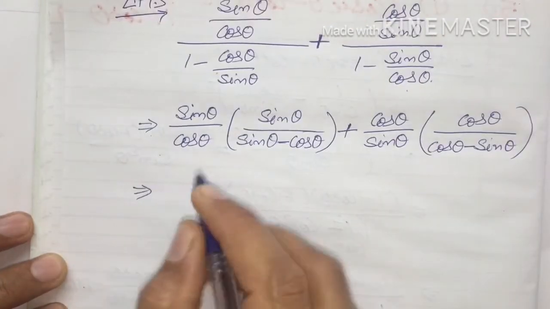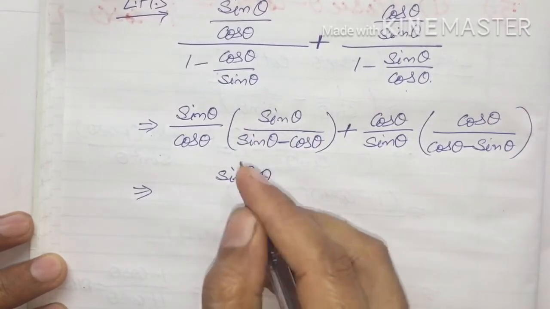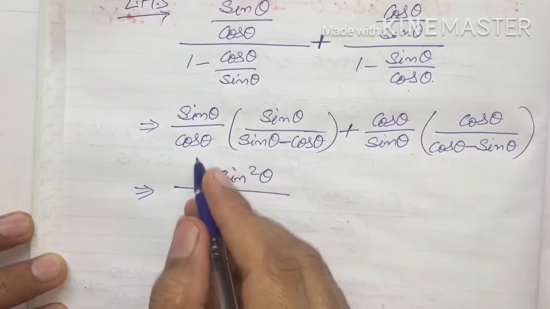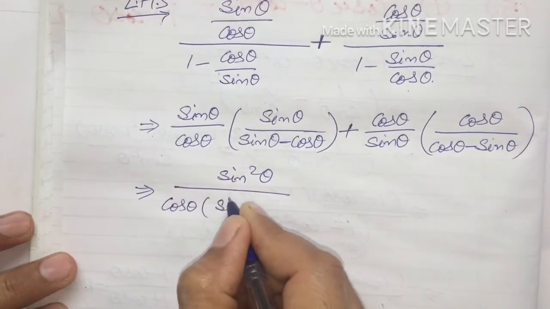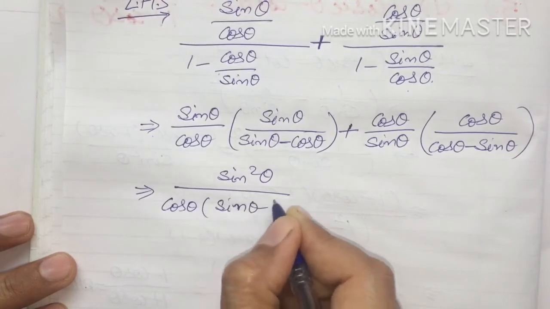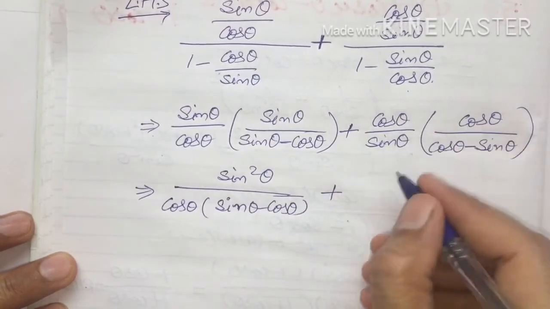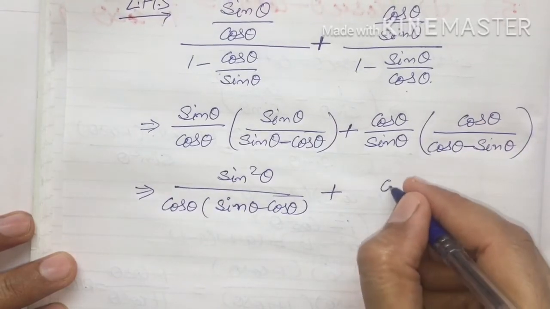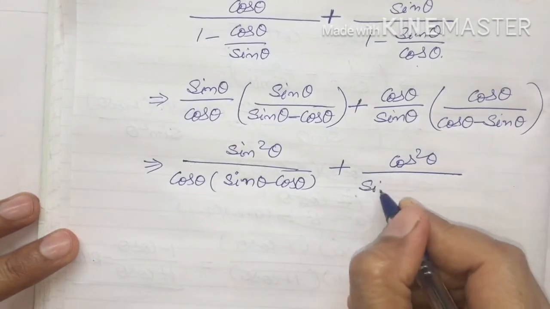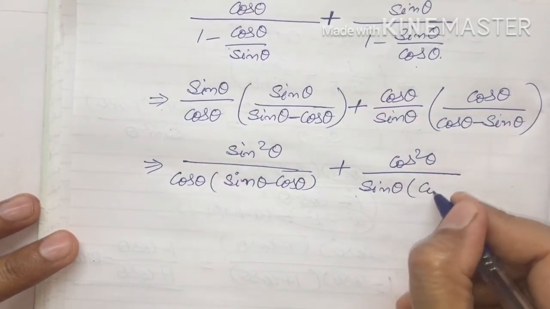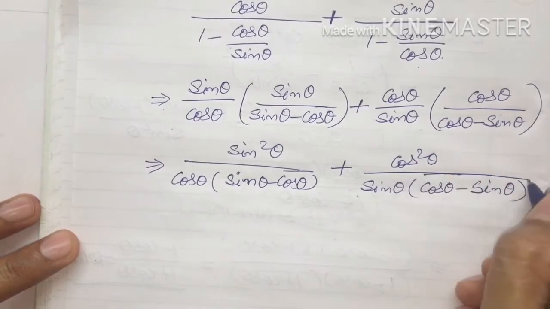So when we will multiply these two, sine and sine, it will be sine square theta upon cos theta, and this is in the bracket sine theta minus cos theta, plus cos will multiply with cos, so cos square theta upon sine theta out from the bracket, and in the bracket cos theta minus sine theta.